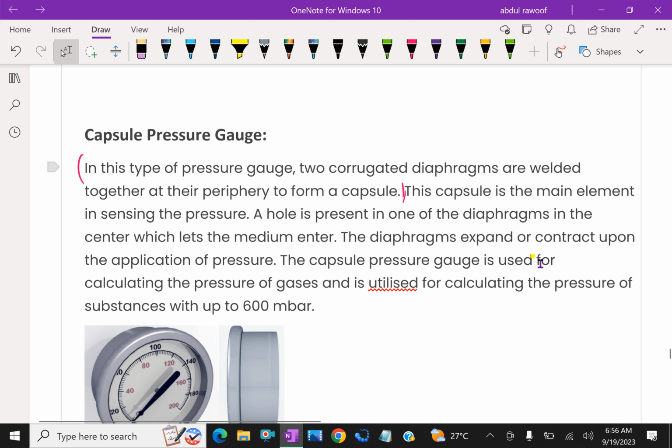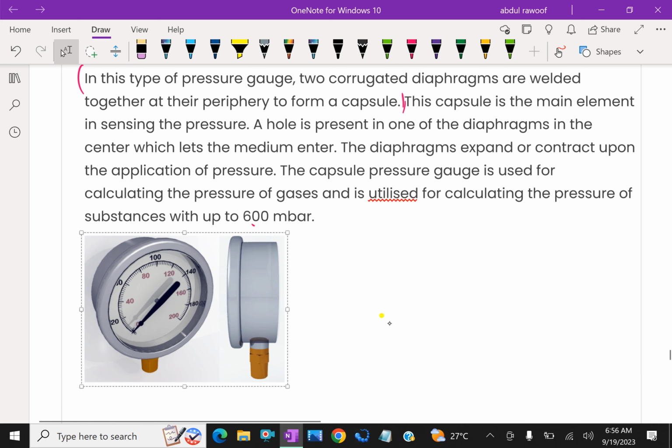The diaphragm expands or contracts upon the application of pressure. The capsule pressure gauge is used for calculating the pressure of gases and substances up to 600 millibar. Very low pressure we can measure with it.